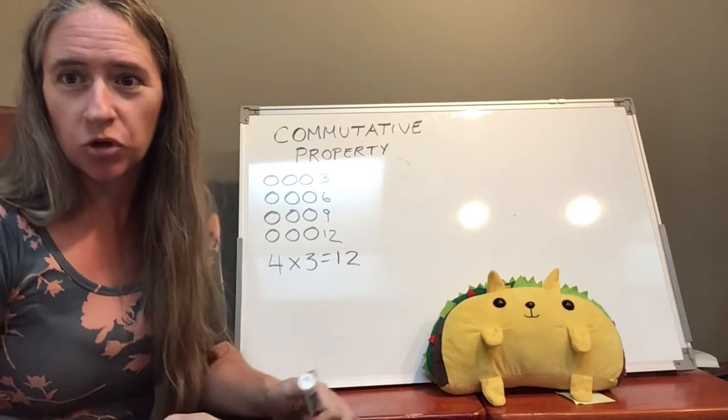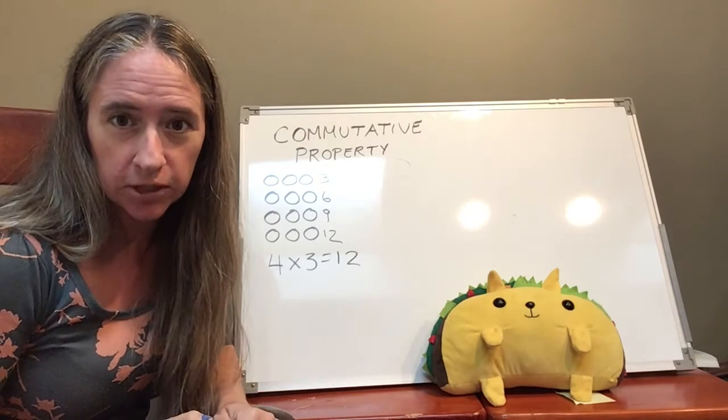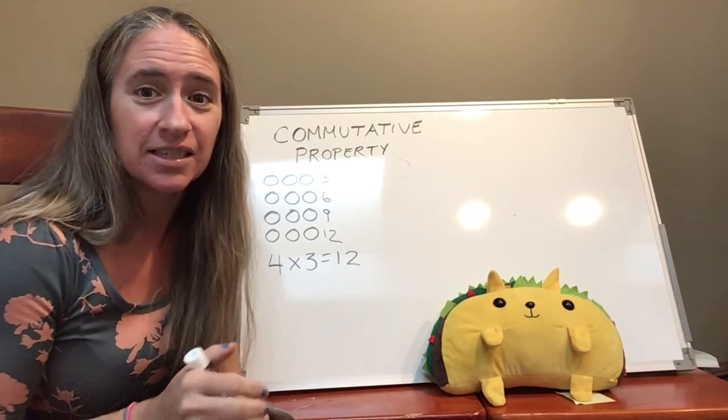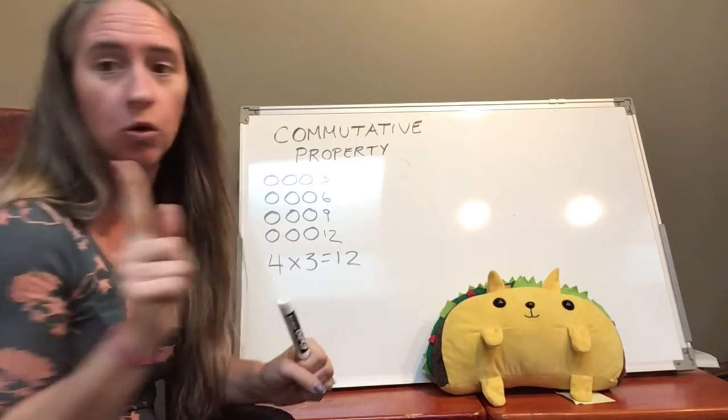Now, I'm going to draw a totally different array, and I want you to see if you can tell us what is the same and what is different about it. Watch carefully.